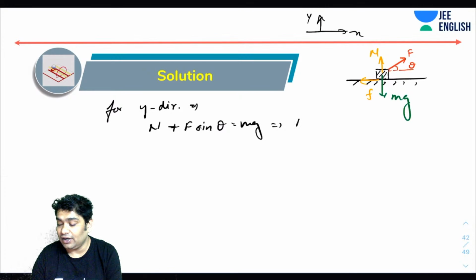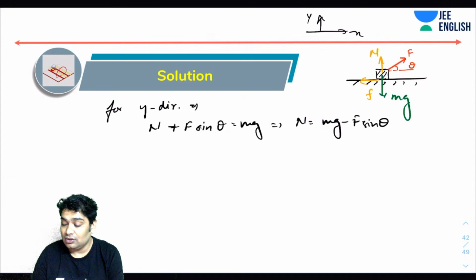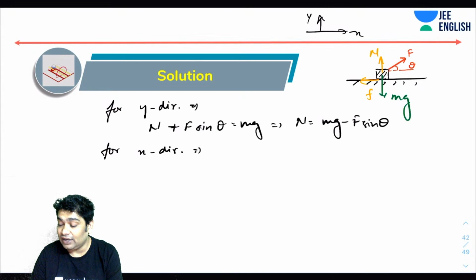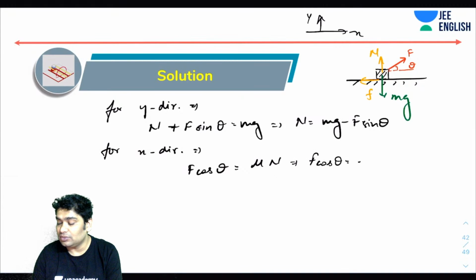So from here I get N equals mg minus F sine theta. Also, for the x direction, I have F cos theta equals mu times N. What will that give me? That gives F cos theta equals mu mg minus mu F sine theta.